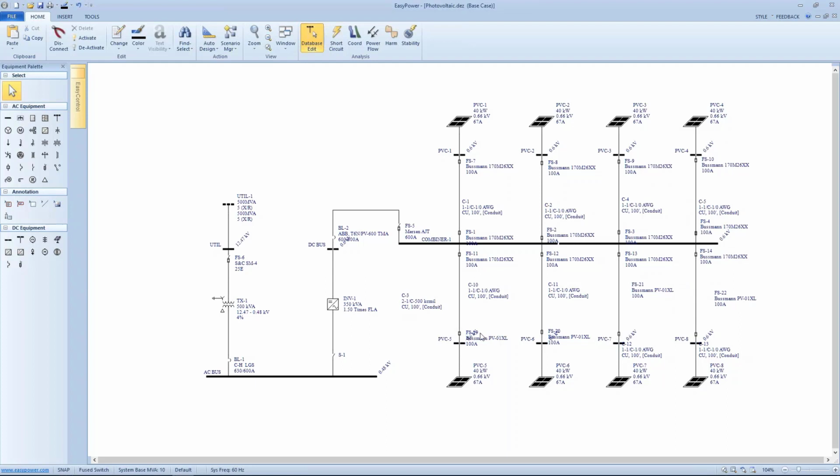All right, so obviously that's relatively easy, but it brings up another point, and that is what if you have a device in your system or in your design that's not listed in the EasyPower device library?